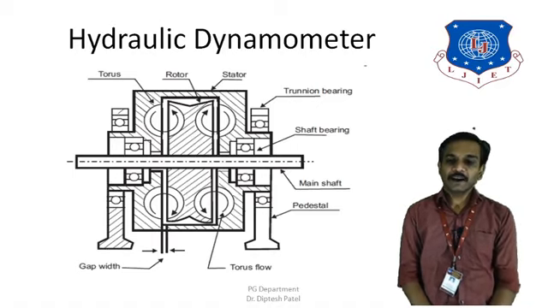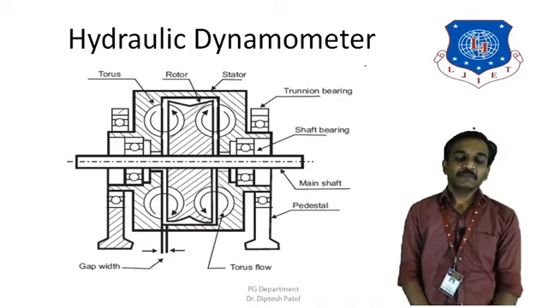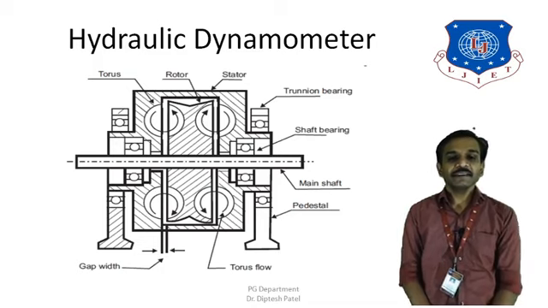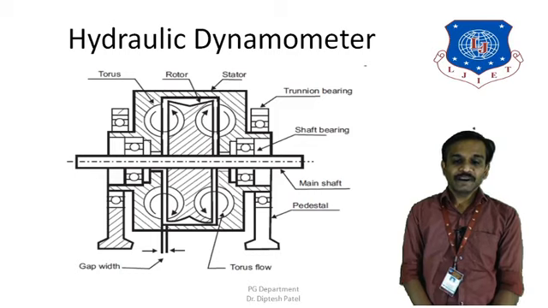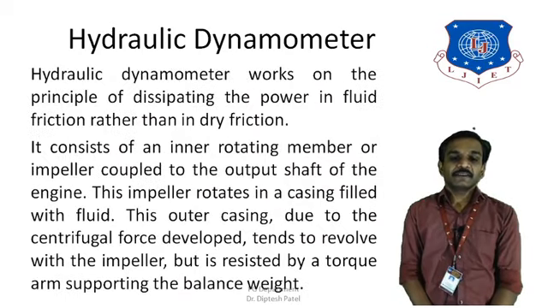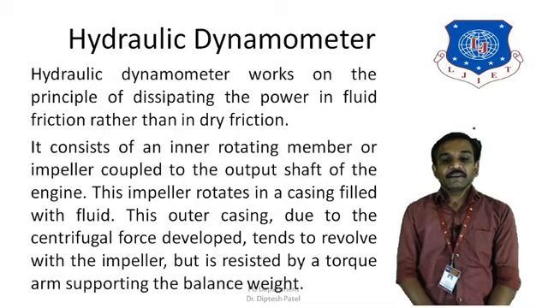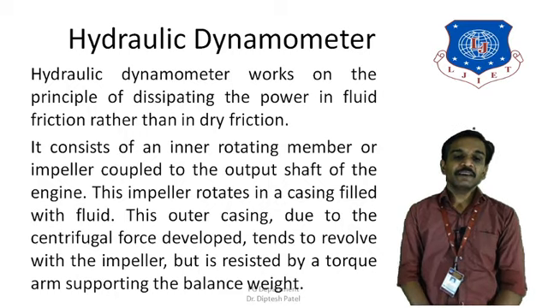The hydraulic dynamometer consists of the rotor, which is attached to the main output shaft of the engine, then the impeller, which is guided with the help of the motion of the rotor, also the fluid flow provided inside the impeller and rotor, and the main shaft, which is resisted with the help of a torque arm having a balance weight. So these are the main components of the hydraulic dynamometer.